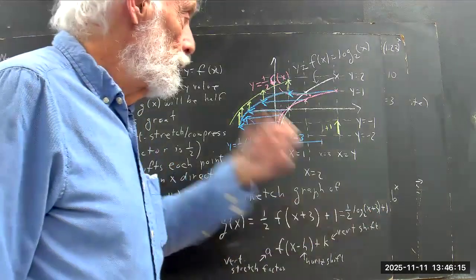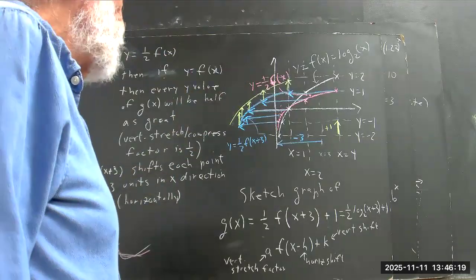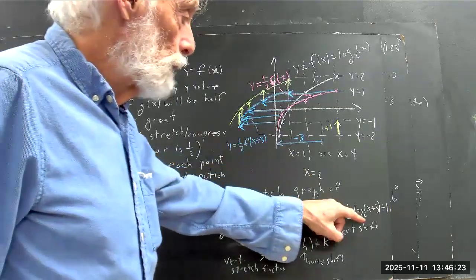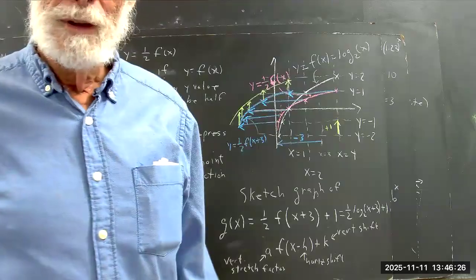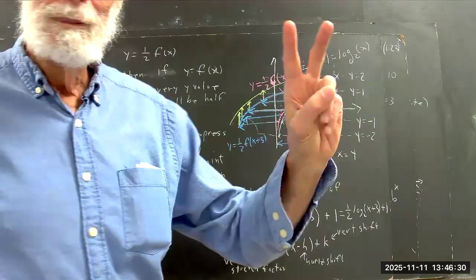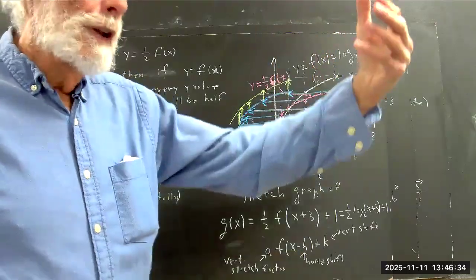We'll take a value that we have here. Put in the value x equals 1. You get log base 2 of 4, right? And half log base 2 of 4 is 2, because 4 is 2 to the second power.